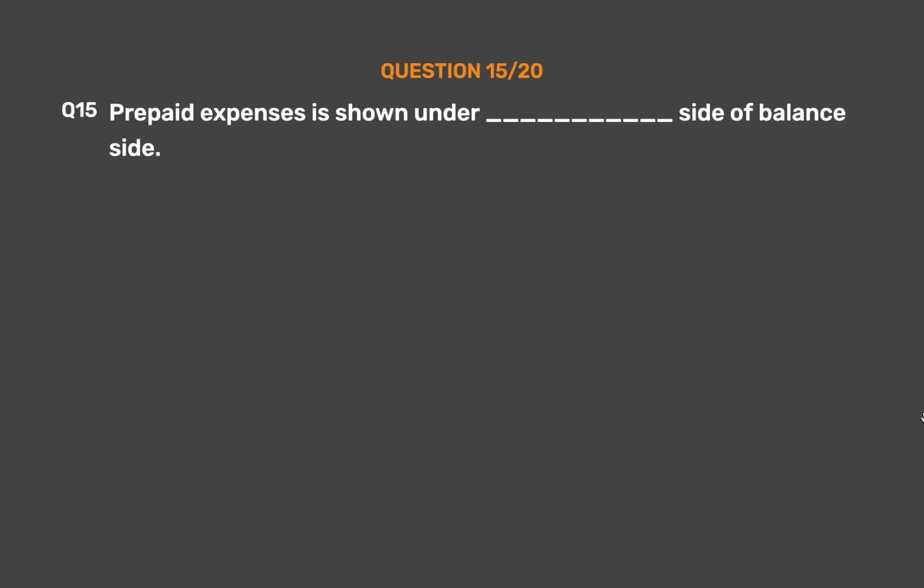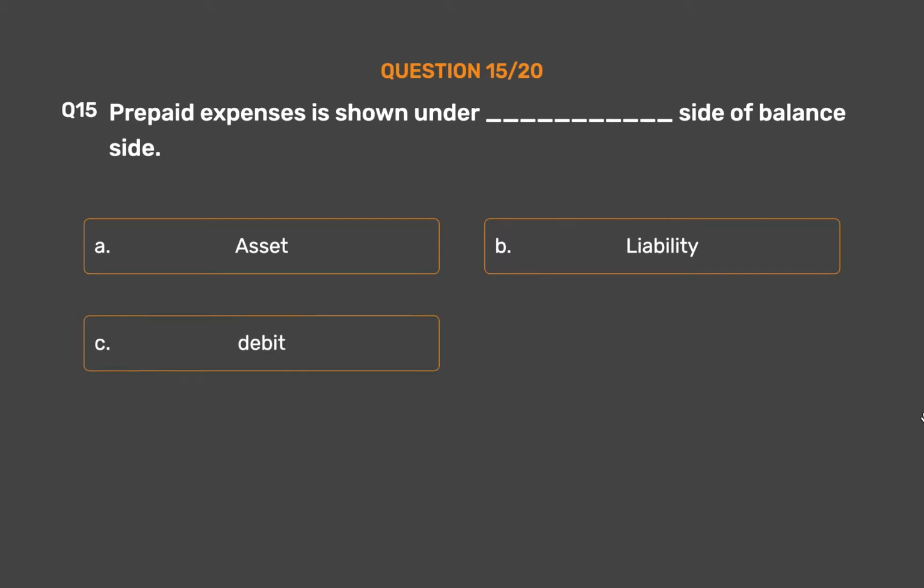Question number 15. Prepaid expenses is shown under underscore side of balance sheet. Option A, asset. Option B, liability. Option C, debit. Option D, credit. The correct answer is option A, asset.